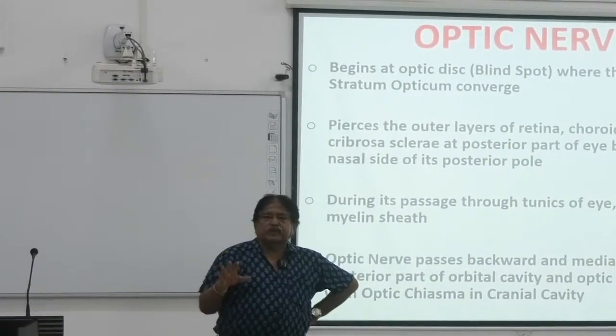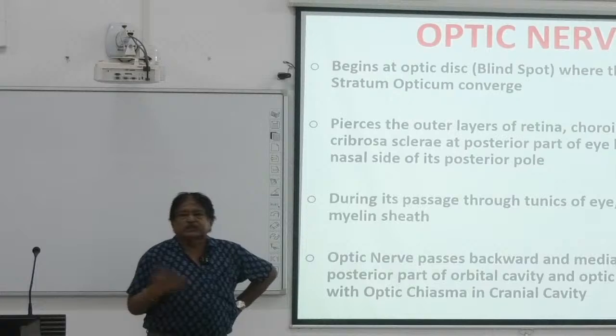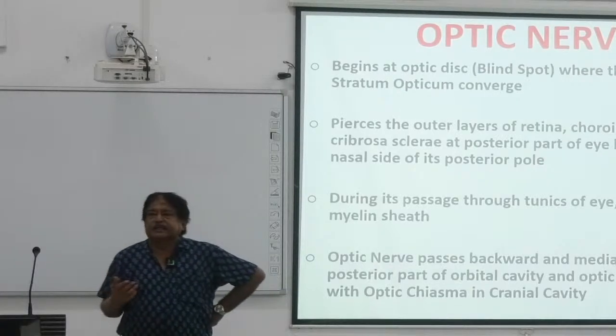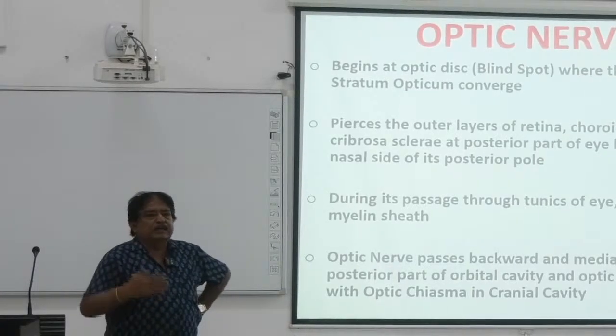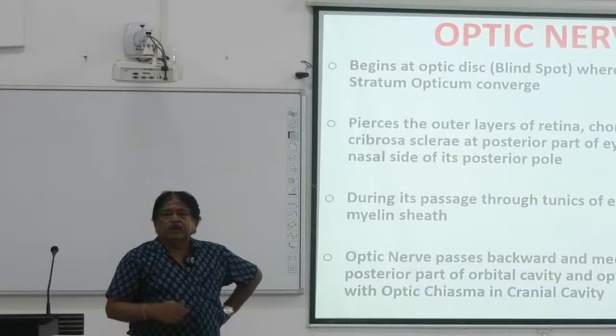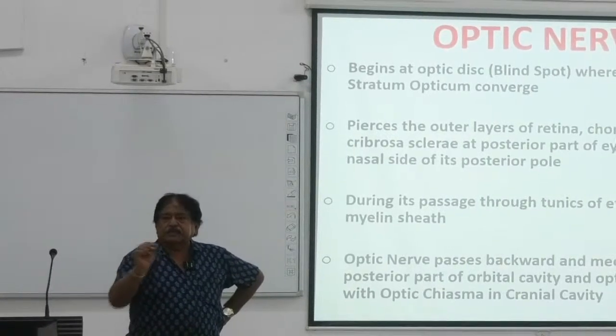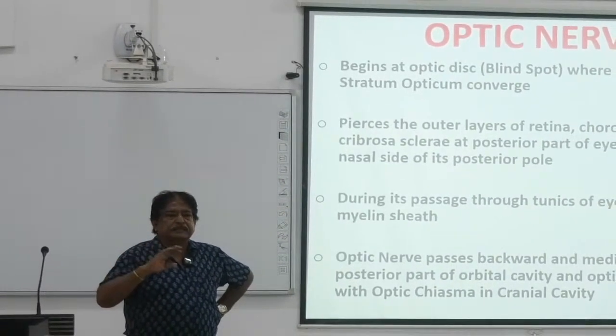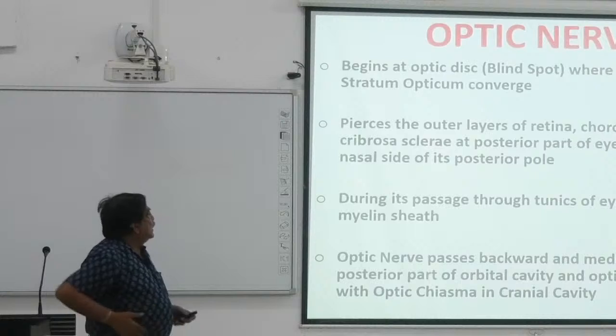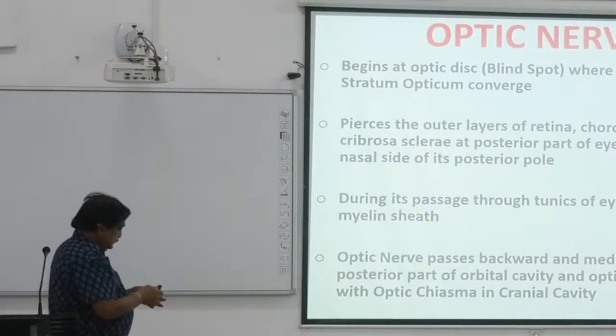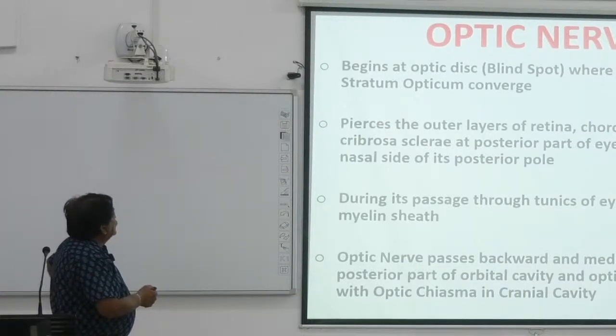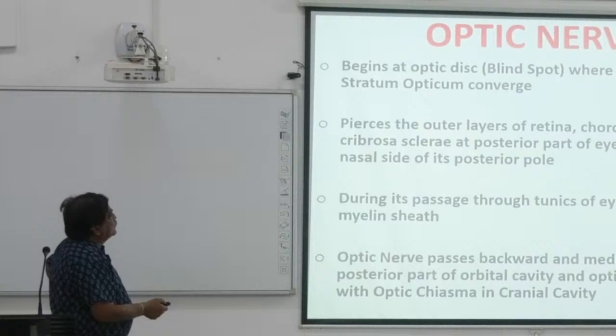Take a casual look at the total eyeball with the optic disc and optic nerve. It now pierces the outer layers of retina, choroid, and lamina fibrosa sclerae at the posterior part of the eyeball, 3 millimeters to the nasal side of its posterior pole.